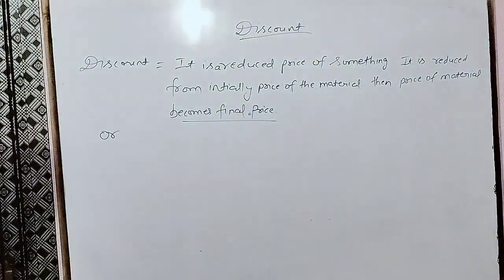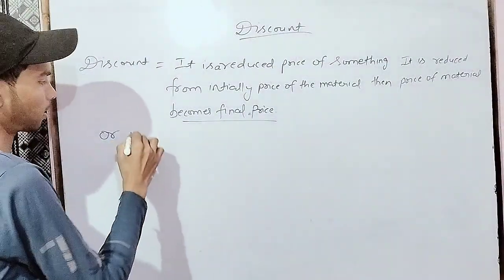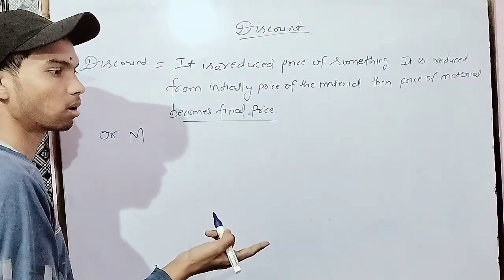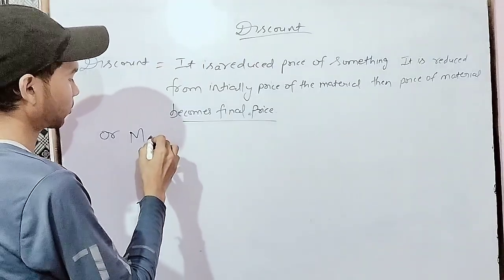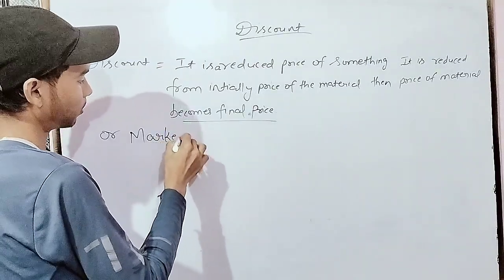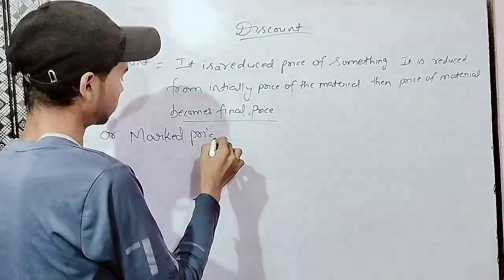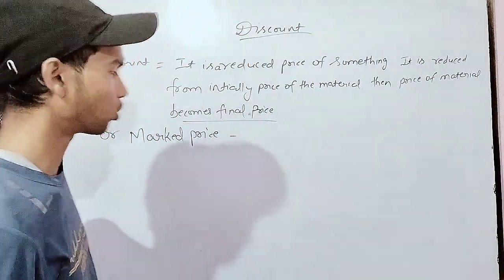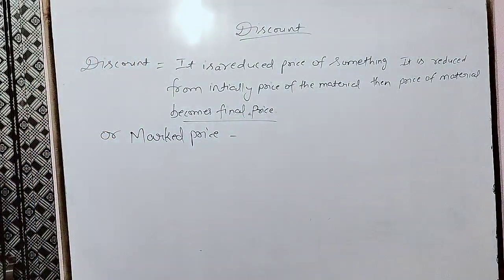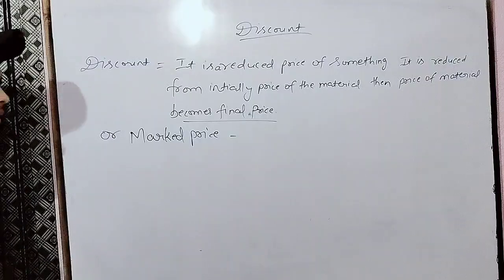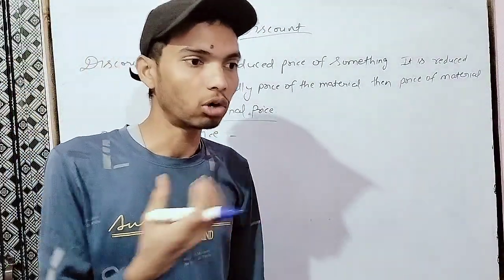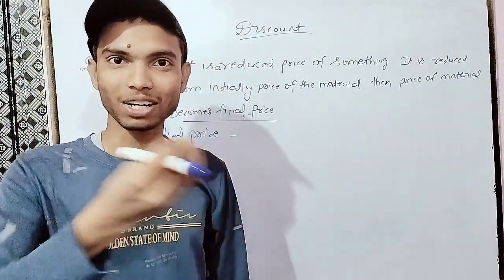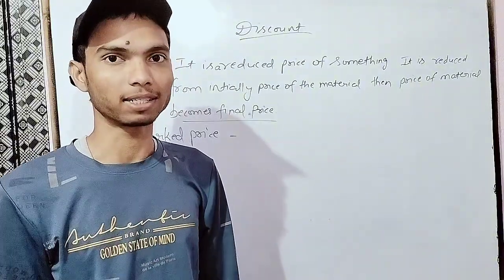Or you can write market price. The price is being reduced from the market price. Here the discount price would be less than the market price.